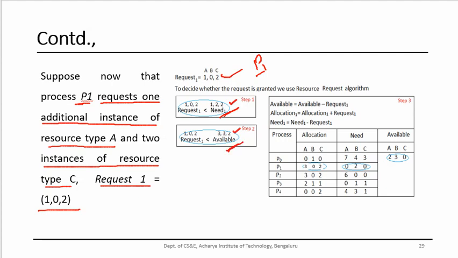When both conditions are met, in this case 102 is less than 122 and 102 is less than 332, it is going to update the data structures available, allocation and need. Why? Because now it has made the request for these resource types, so many are going to be allocated to process P1, and therefore we have to remove so many from available.